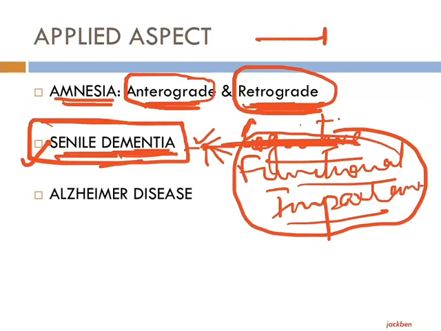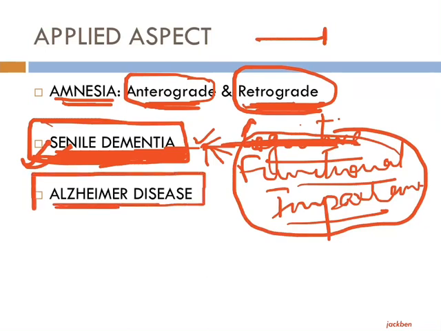And this senile dementia is not quite normal. We cannot say that this is the normal aspect of the aging process. Some people are less prone to have the senile dementia, though some people are more prone. One of the most important forms of senile dementia is Alzheimer disease.